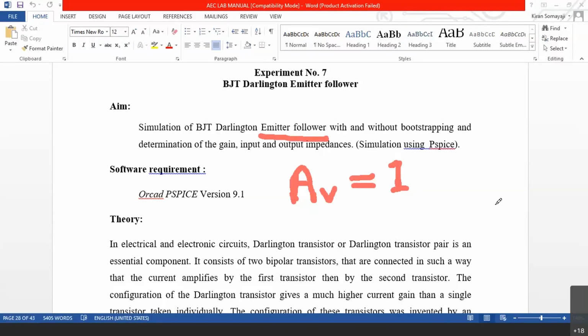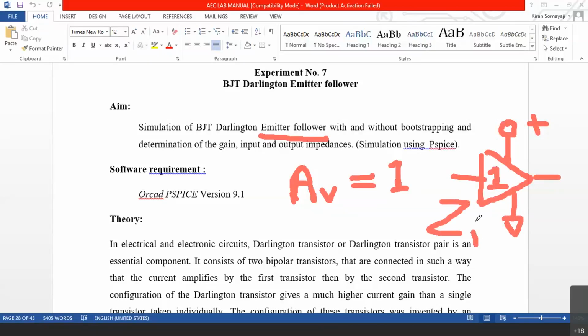Even though the voltage gain is unity, this emitter follower works like a buffer. It has the VCC, and through the VCC it supplies current, because of which its input impedance is very high and its output impedance is very low. That is the advantage of the emitter follower.